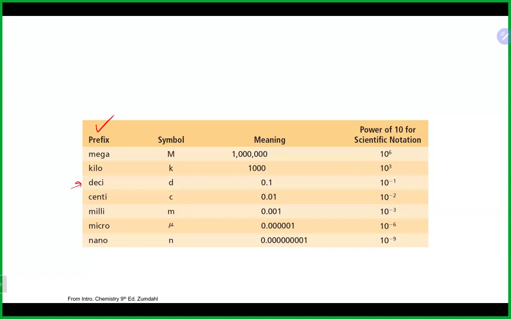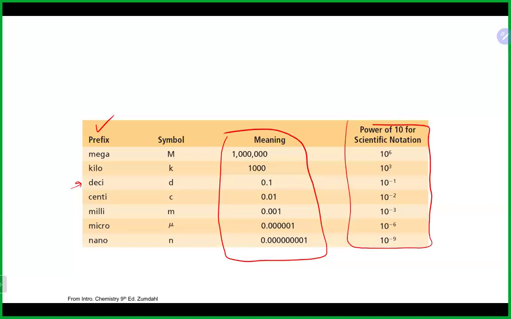Now, when we look at the meaning of these prefixes, there's sort of a bigger number meaning and a scientific notation sort of meaning. And most of the time, people kind of look at the scientific notation part of it. And when they try to use the scientific notation sort of meaning of it, oftentimes people will do it incorrectly.